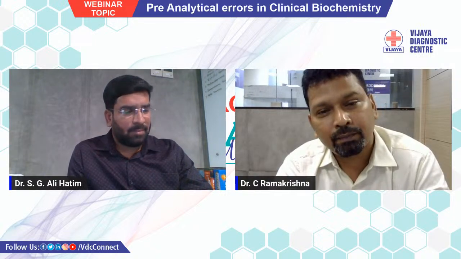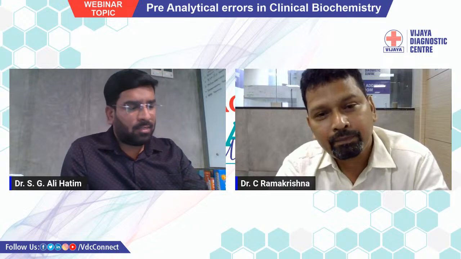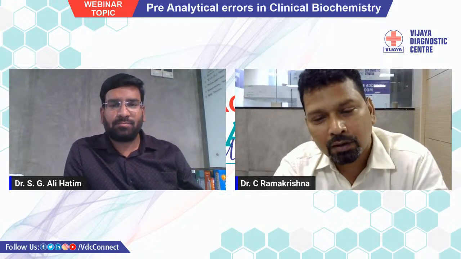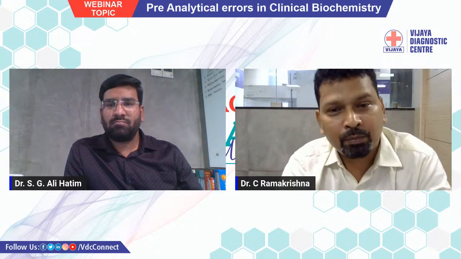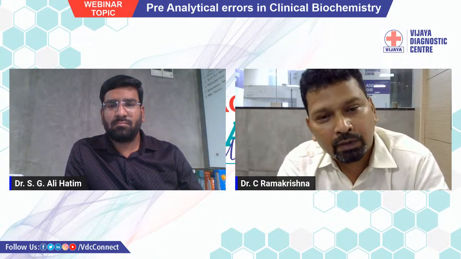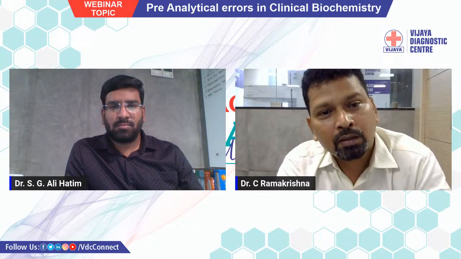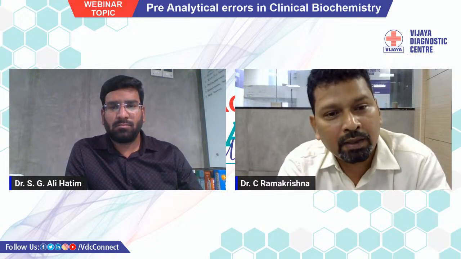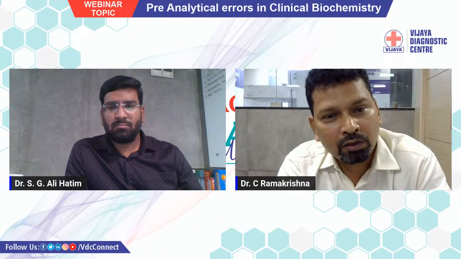Okay. One more: why should the icteric sample be rejected? Well, because the icteric sample obviously has high bilirubin content, and as we have seen in the previous slide, bilirubin interferes with various electrolytes, enzymes, and all these parameters.